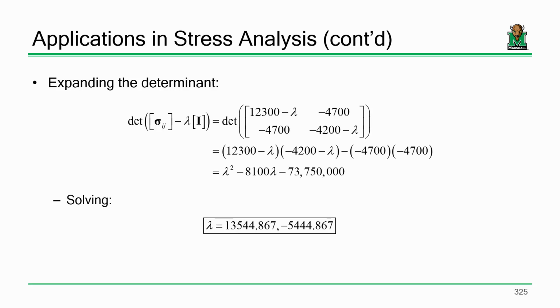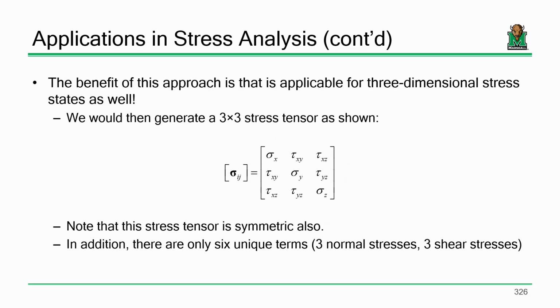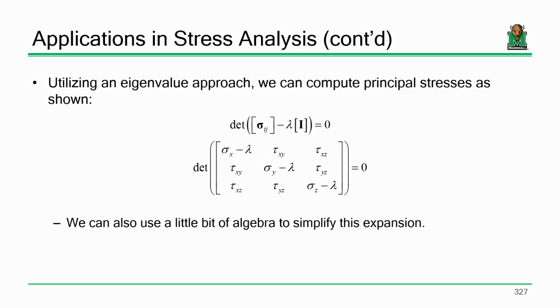So this eigenvalue approach has some significant benefits in 2 dimensions, but not only that, in 3 dimensions as well. Now, in 3 dimensions, we're dealing with a stress tensor that looks something like that. Again, 6 unique terms because it's symmetric. It's the same problem, eigenvalue approach.